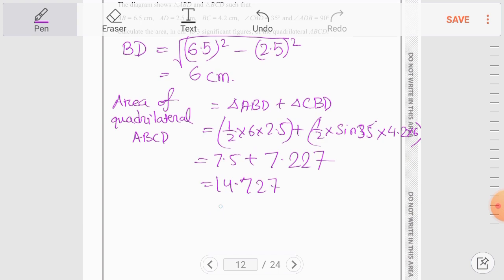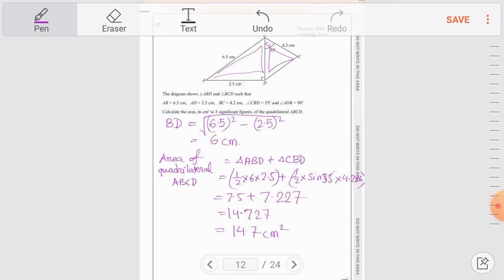So the answer of the area of the quadrilateral ABCD is 14.7 centimeters square. So this is the area of the quadrilateral ABCD. I hope question number 17 was clear enough.